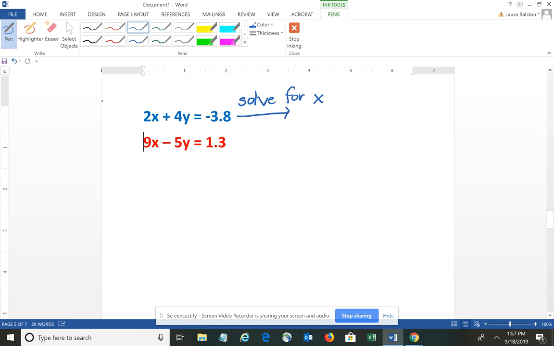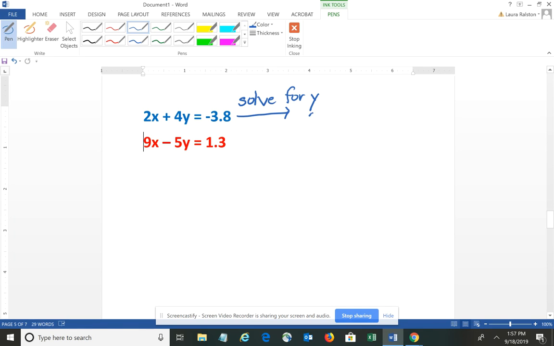Okay, so we would have 2x plus 4y. Oh, I'm sorry. Let me backtrack. I just caught myself because I don't want to have to deal with fractions. So let's solve for y. If I solve for x, I was going to wind up with a bunch of fractions.